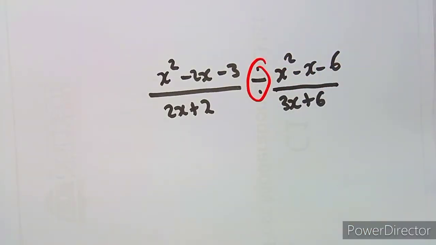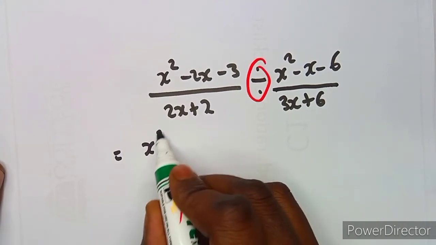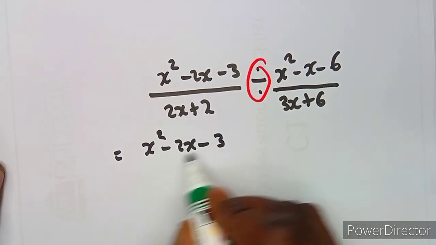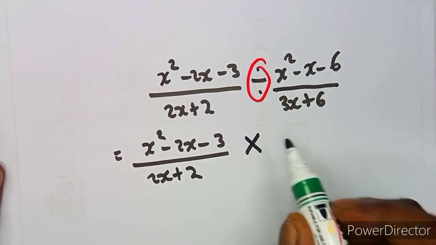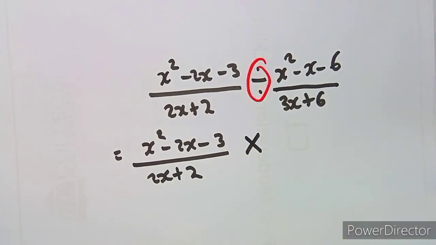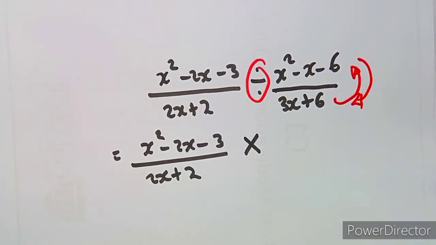All right, so let's introduce multiplication here because we are actually dividing. So first fraction as it is, so it's going to be x squared minus 2x minus 3, everything over 2x plus 2, multiply. The moment you introduce this multiplication, there's now a change, so you're going to invert that fraction.